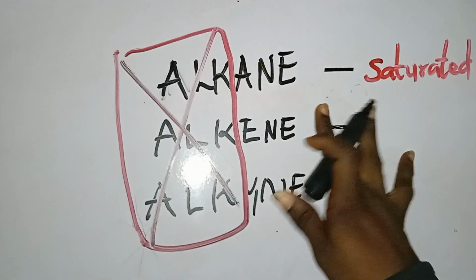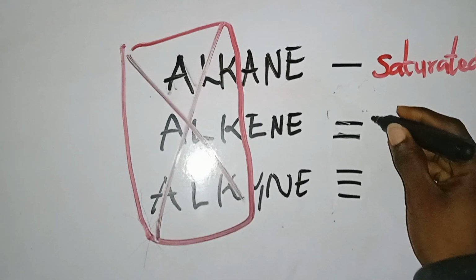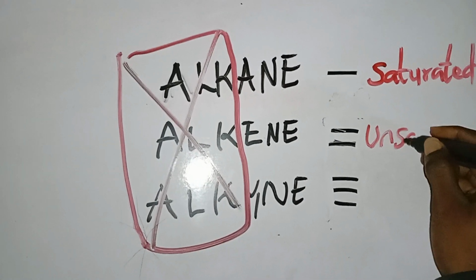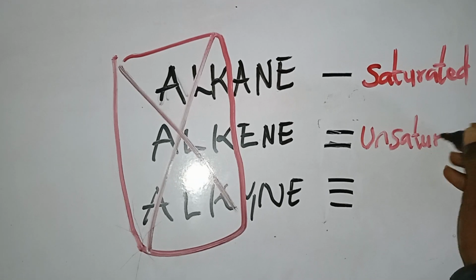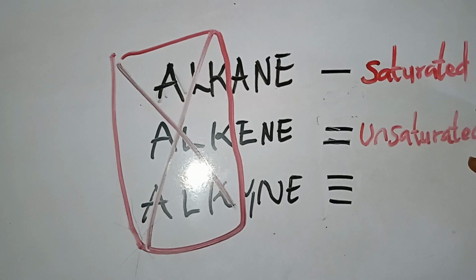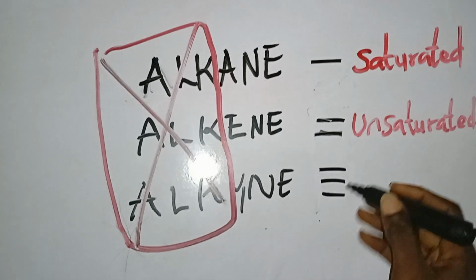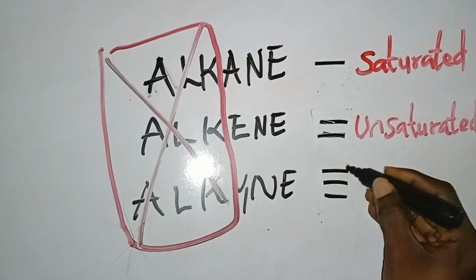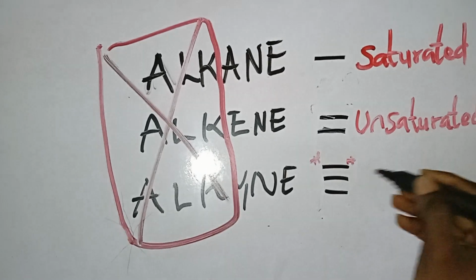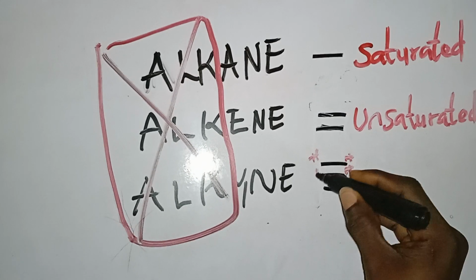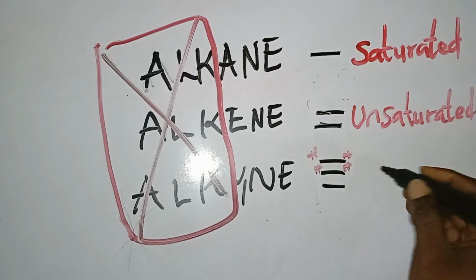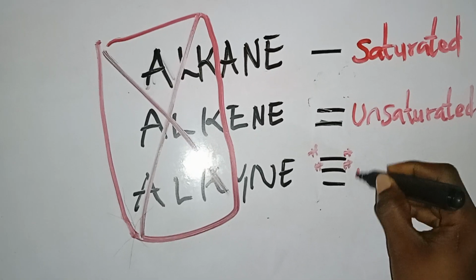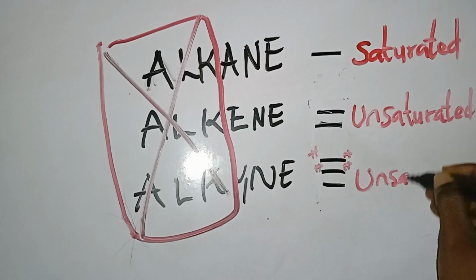So if you lose hydrogens, you become unsaturated. Now, for this triple bond to happen, hydrogen was lost here, here, here, and here. It lost four hydrogens to gain this triple bond. So this is also unsaturated.